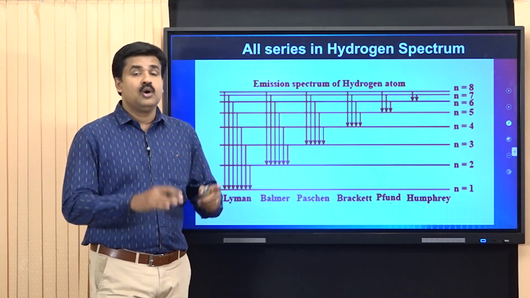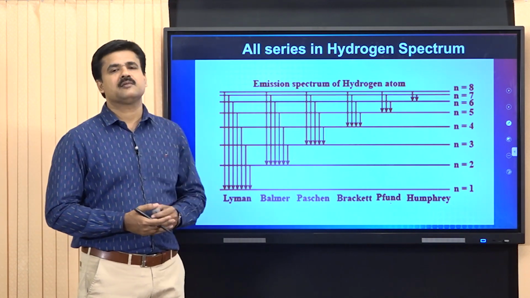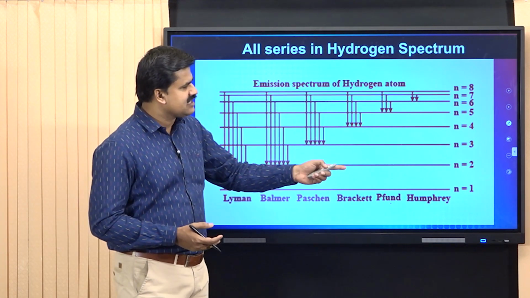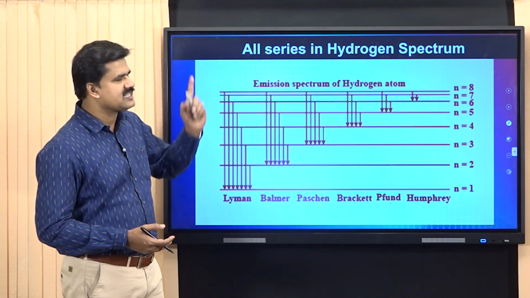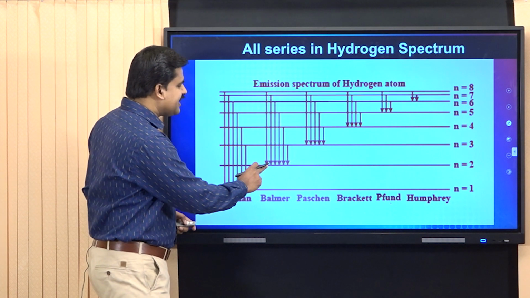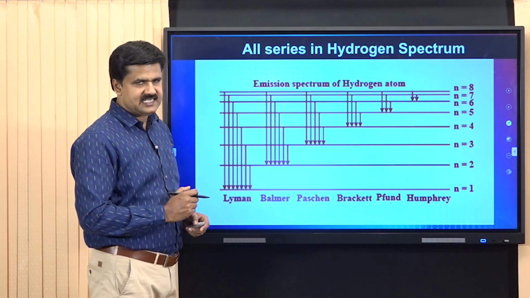Now, all the series are depicted in a pictorial representation here. These are various levels denoted as n equal to 1, 2, 3, etc. The ground level is n equal to 1. All the emissions from higher levels to the final level n equal to 1 lead to the Lyman series. If the final level, n final, is 2, that leads to the Balmer series.